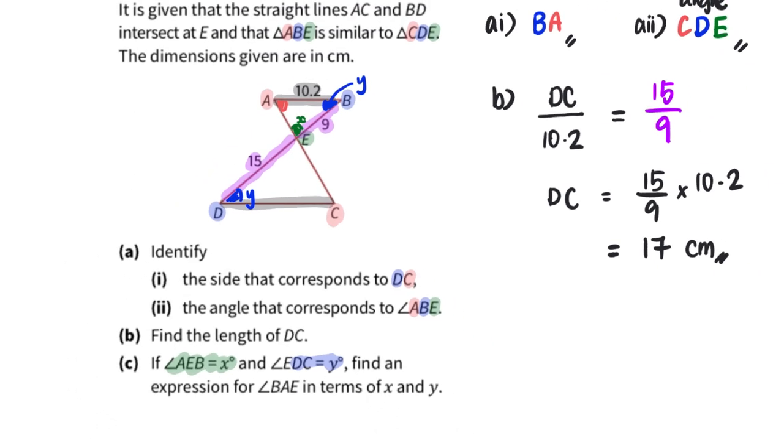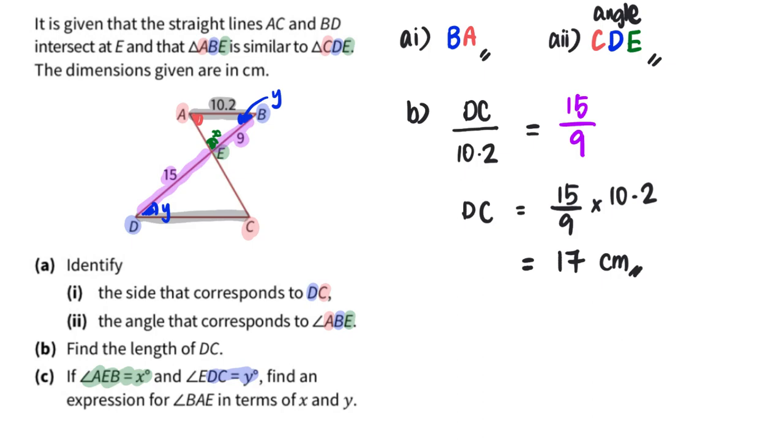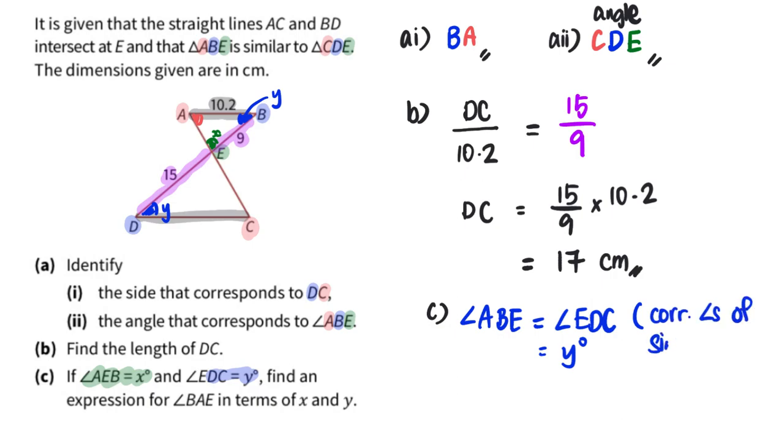But for the working per se, because they did not share with us angle ABE, we do need to indicate that this is equals to angle EDC, so it is equals to Y degrees because of the corresponding angles of similar triangles.